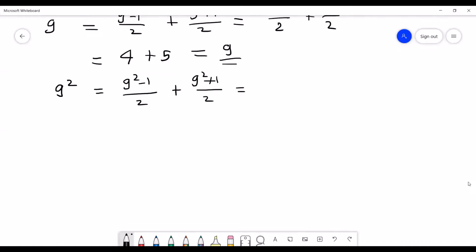That is 9 square is 81, minus 1 upon 2 plus again 81 plus 1 divided by 2.